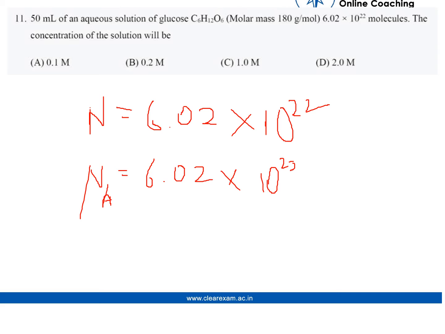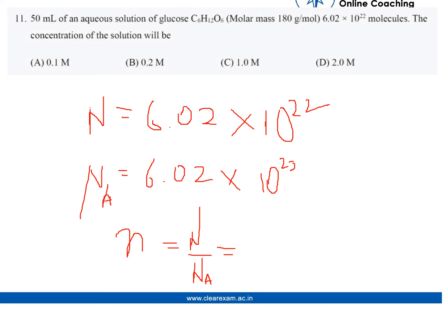So now we are going to calculate the number of moles. The number of moles, small n, is equal to capital N upon capital N A. Now we are going to divide both of them.